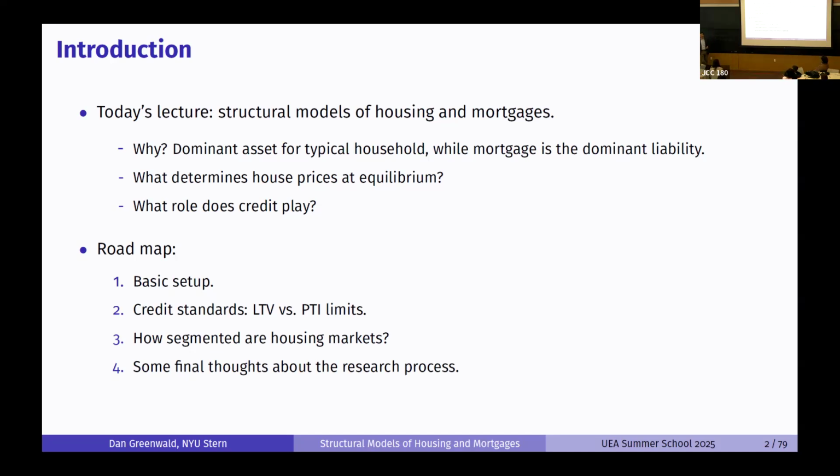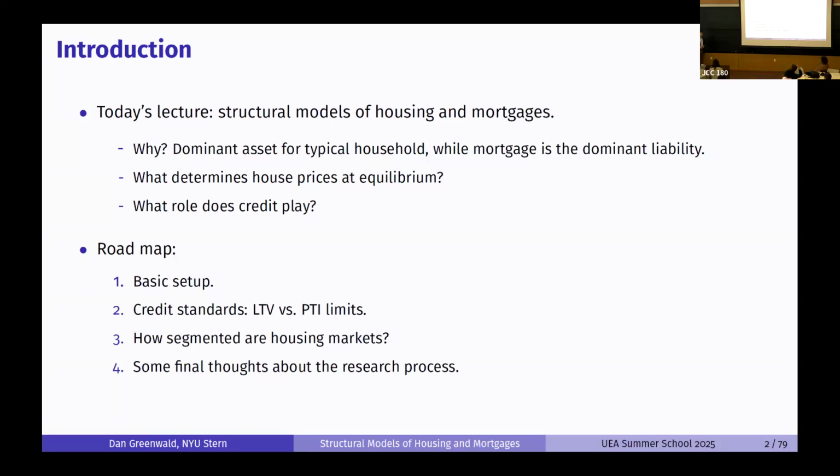Their balance sheet is really a huge asset, which is a house, and then a huge liability, which is a mortgage. And if you understand those two things, you basically understand the financial situation of the median household in the US, at least. So today, we're going to be talking about what determines house prices at equilibrium and what role is played by mortgage credit in determining those prices.